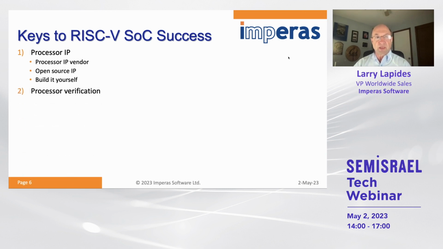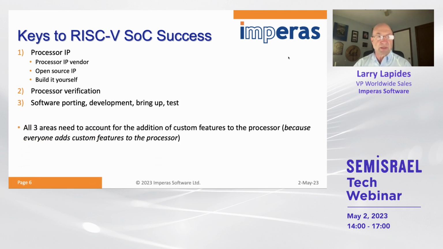The second key to success is processor verification, because no matter how you build the processor IP, you're going to add custom instructions. And the third key is the software porting, development, bring up, and test. Again, all three areas need to account for the addition of custom features to the processor, because everyone adds custom features.